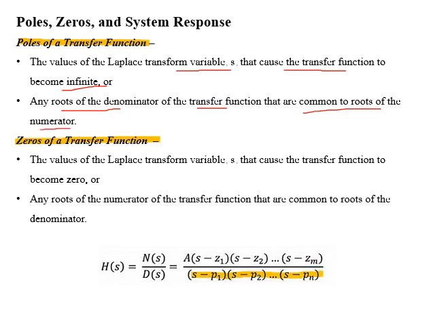In the similar way, the values of Laplace transform variable s that cause the transfer function to become 0 or any root of the numerator of transfer function that are common to the roots of denominator are known as zeros of transfer function.